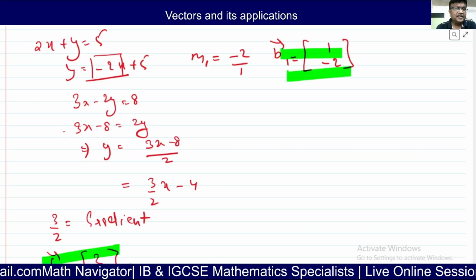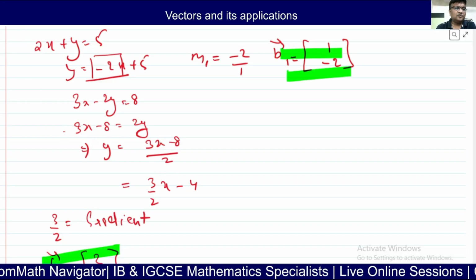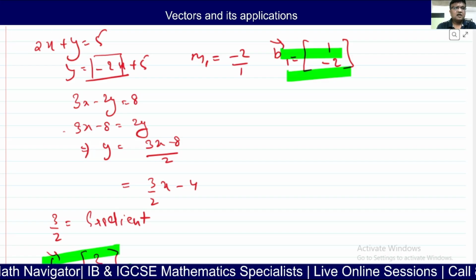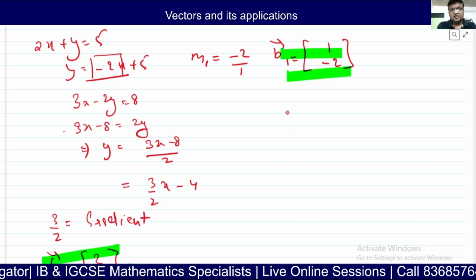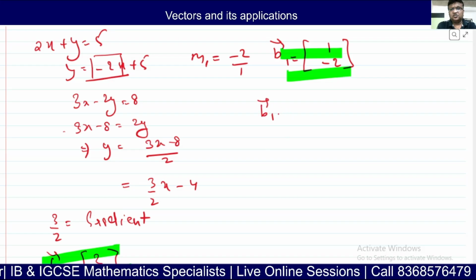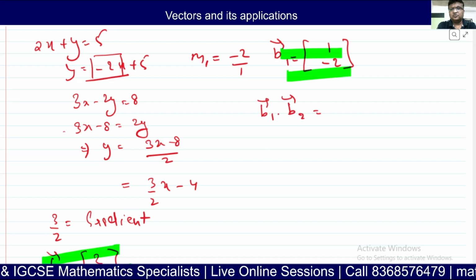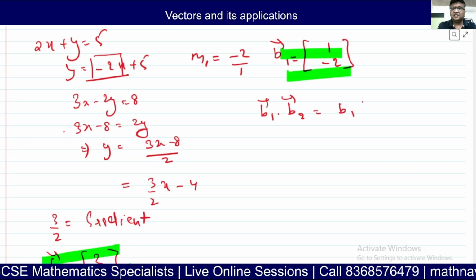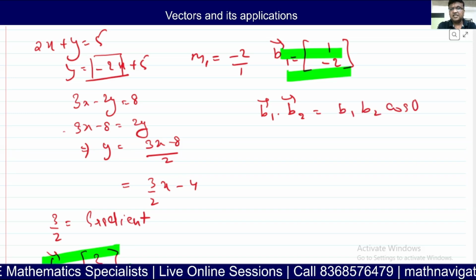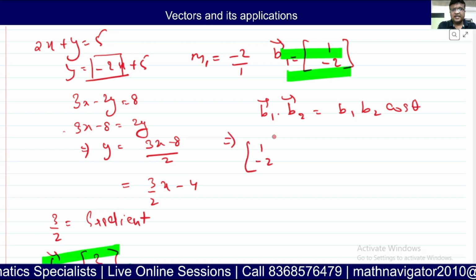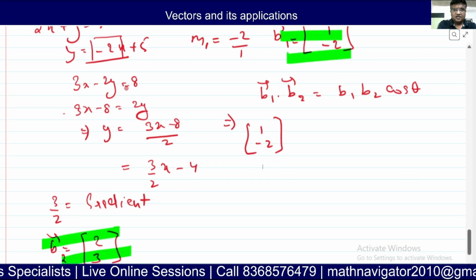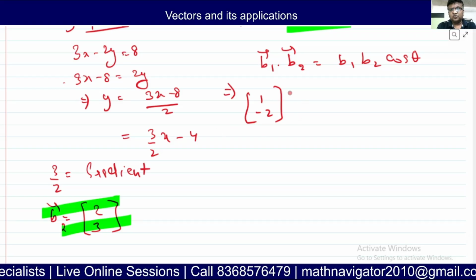So now what do I need to do in order to find the angle between the two lines? I want to do vector b1 dot vector b2 is equal to |b1||b2| cosine theta. So vector b1 is equal to (1, -2) and vector b2 is equal to (2, 3).